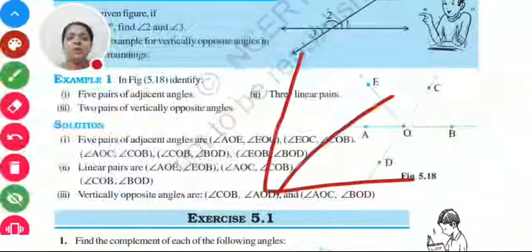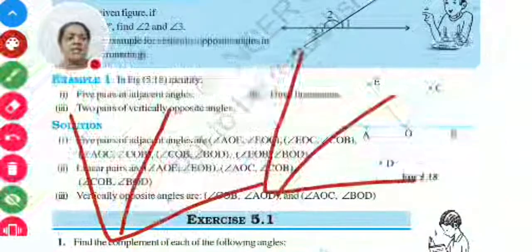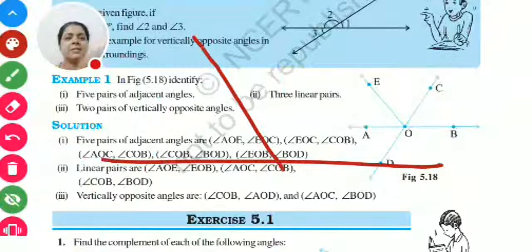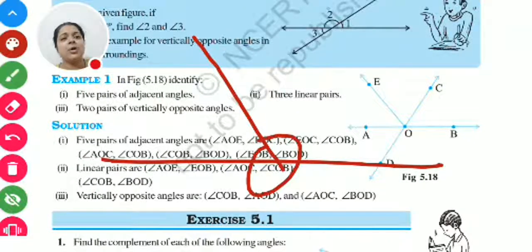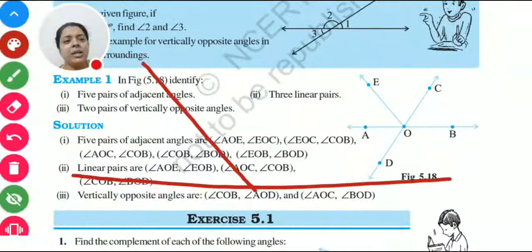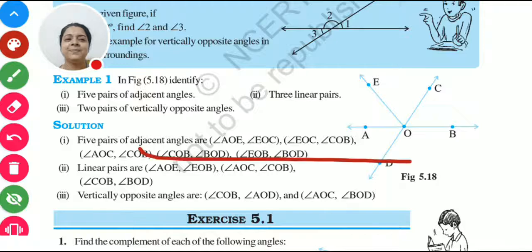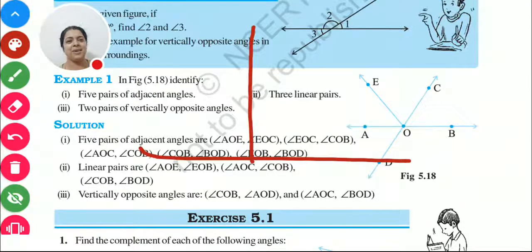So let's go for common vertex, common arm. How many angles do you want to form? This is another one. The third is this. Two adjacent angles means common vertex, common arm. You can form any 5. Three linear pairs: let's go for one linear pair, another linear pair, another linear pair. You can form any one, right?